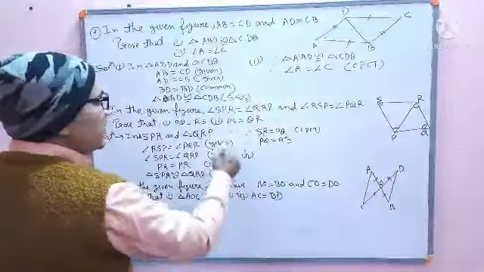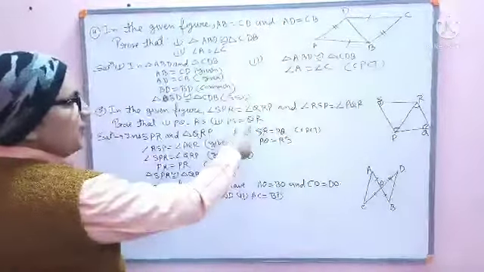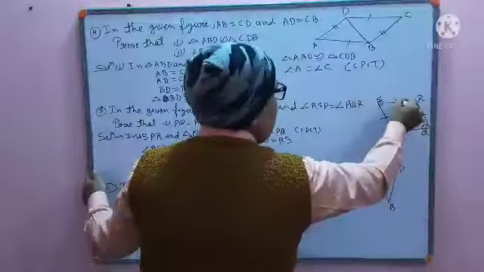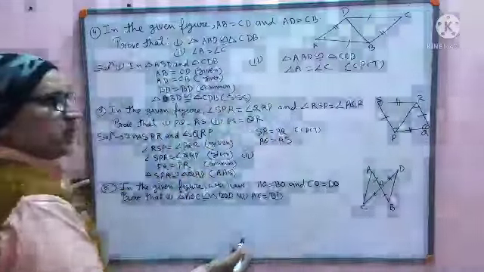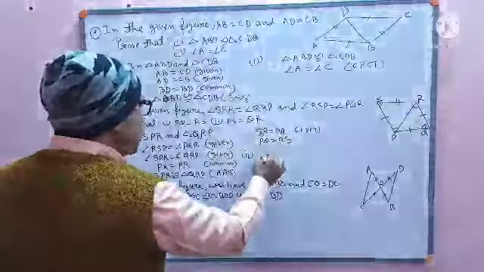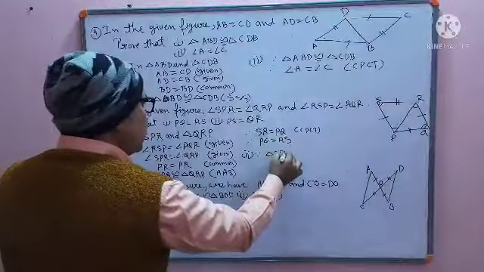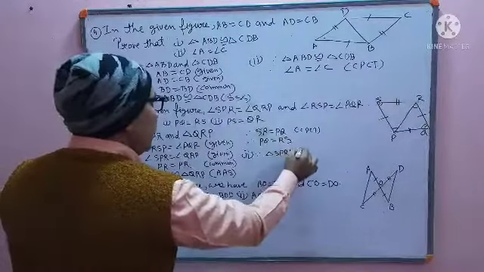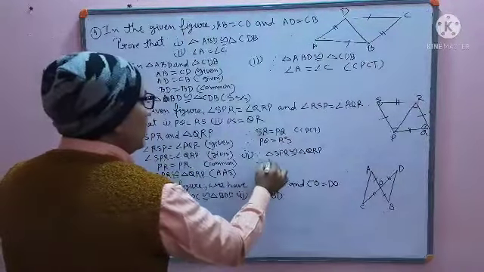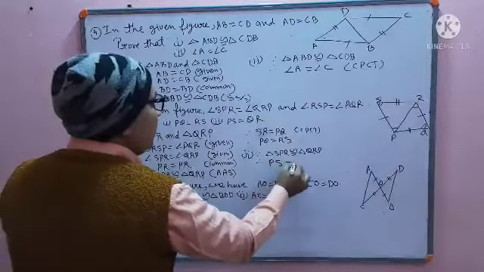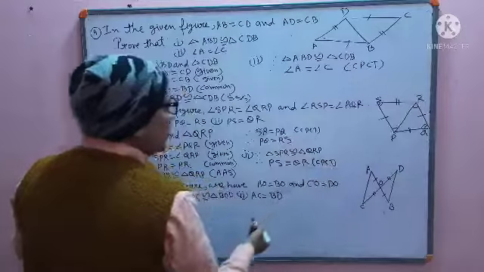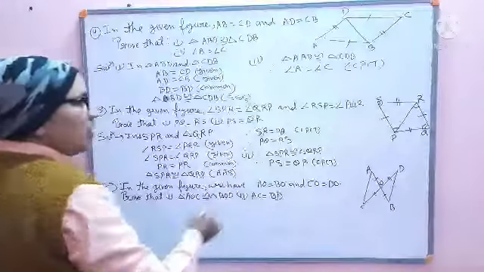And the second part, PS is equal to QR. Again reason is same. So we will write, since triangle SPR is congruent to triangle QRP, therefore PS of this triangle and QR of this triangle will be equal because of corresponding part of congruent triangle.